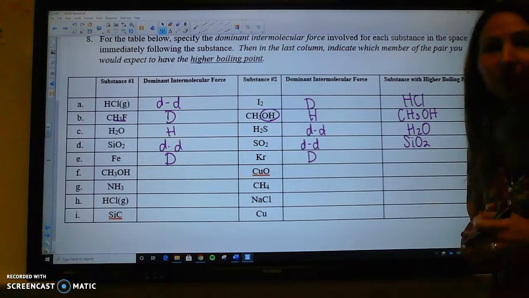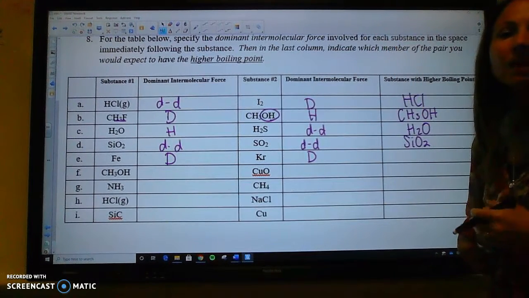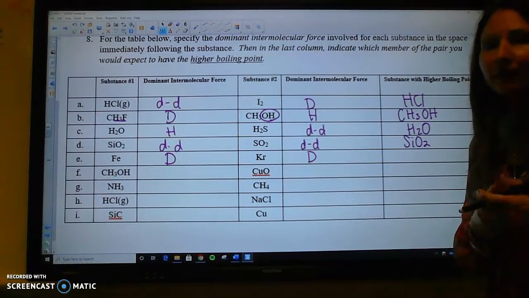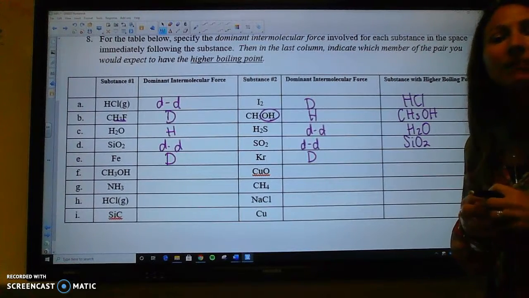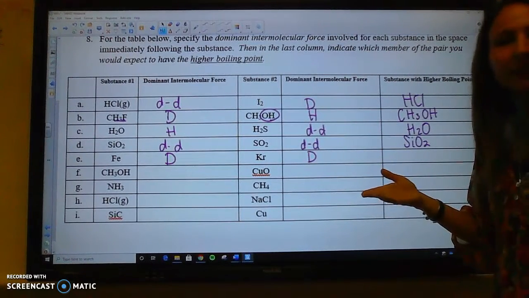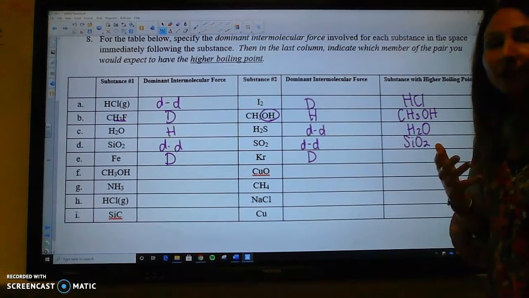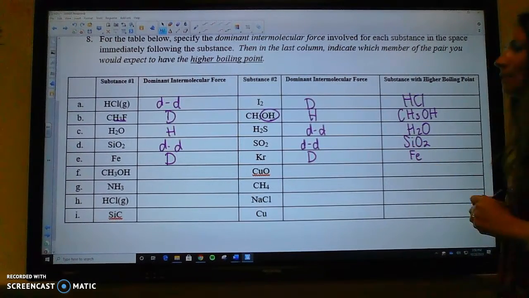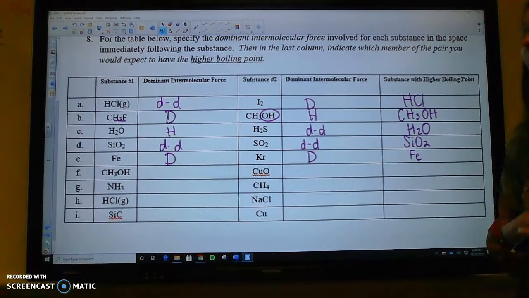Well, for this one, I want you to think about the first table that you were writing notes on, and that, metals. Think about your common sense. Have you ever been able to boil a metal? No. Krypton's a noble gas. It's already a gas. How can you boil something that's already a gas? It's already boiled, right? So iron is the one with a higher boiling point because even though you can boil it, it has to be thousands of degrees, okay?